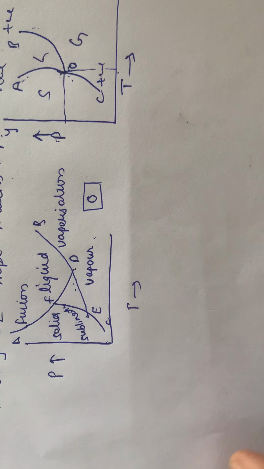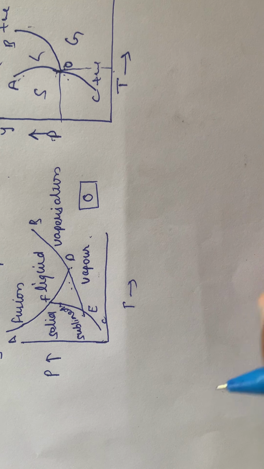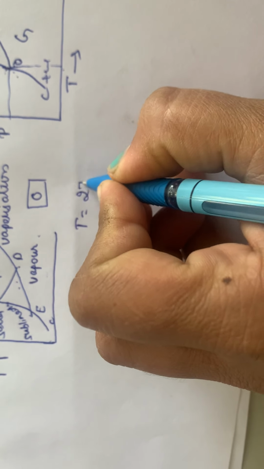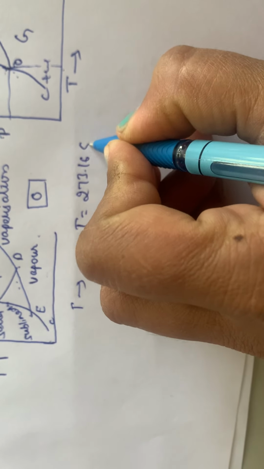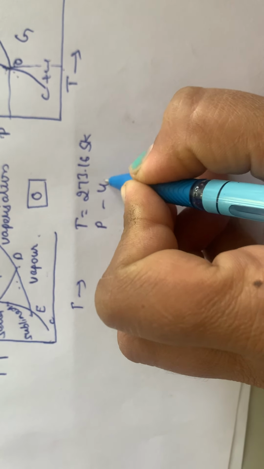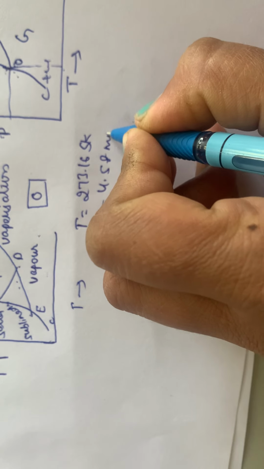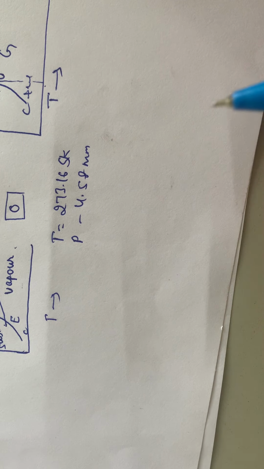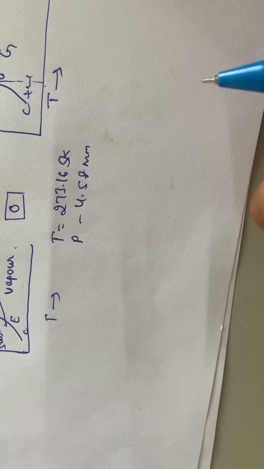For the triple point of water, the temperature is 273.165 Kelvin and the pressure is 4.58 mm of mercury. The triple point of water, which expands on solidification, is the melting point at normal pressure.